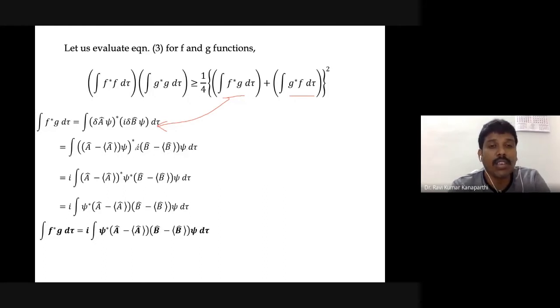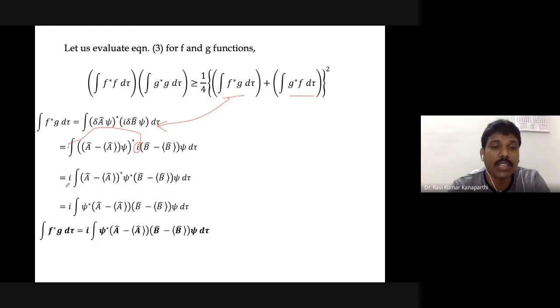Now if you multiply these terms, we get four terms. But before that, since i is imaginary, you can move it outside the integral.